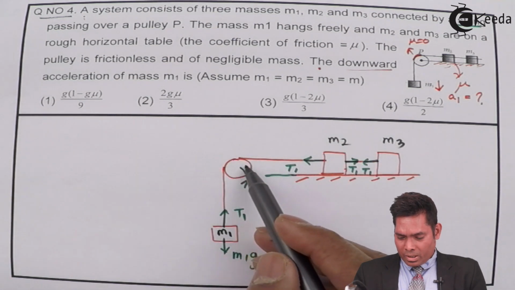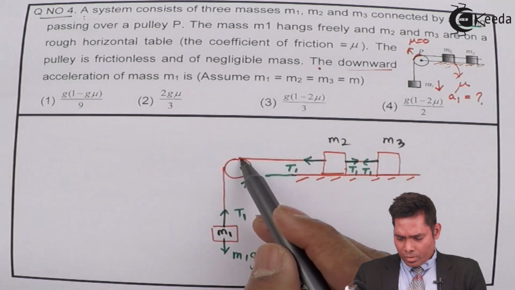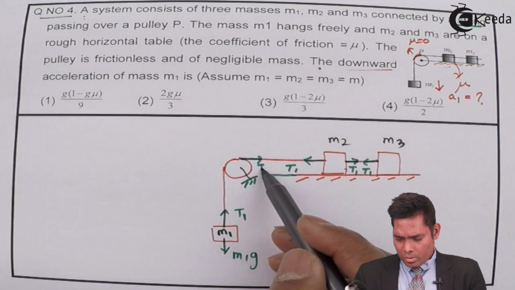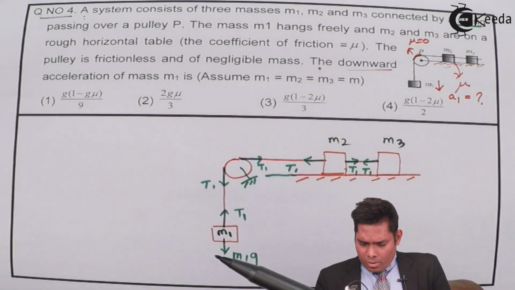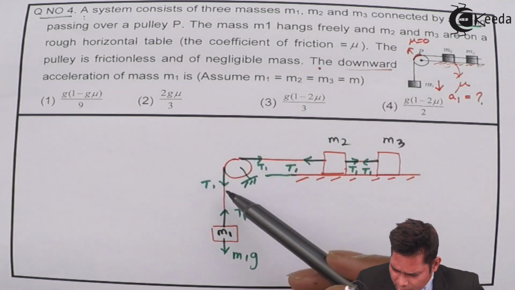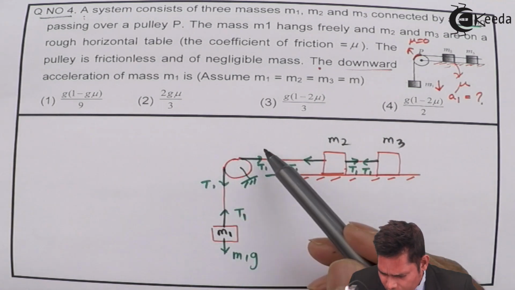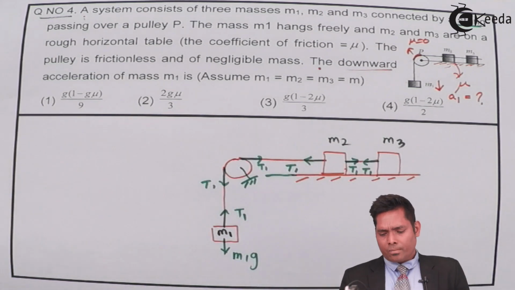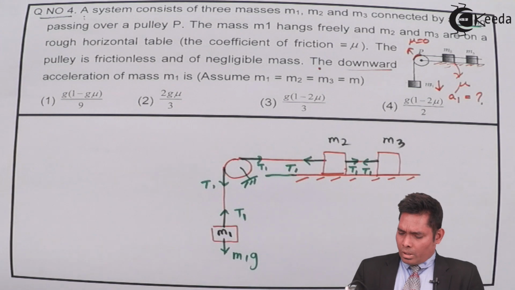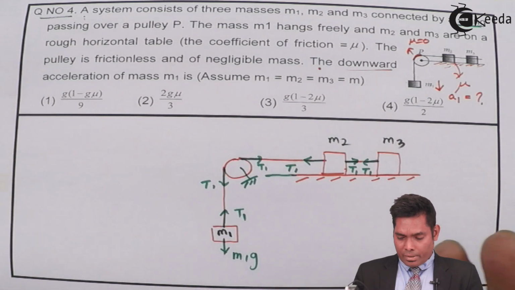In the pulley, because there is no mass, the tension will remain the same, T1. What I'm getting is that this tension will cancel, this tension will cancel. The tension actually is cancelling. And anyway, if I want to write, I can write and see what we're getting.